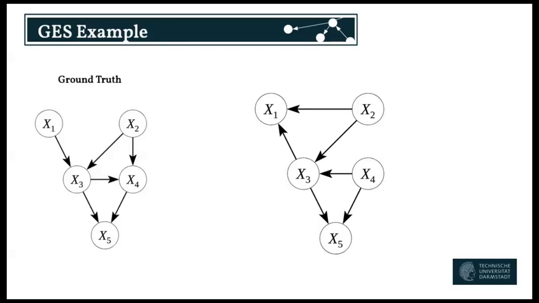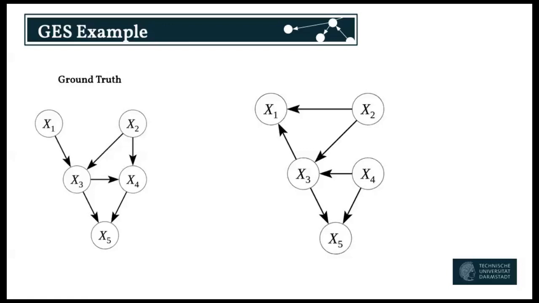then GES stops and starts a second phase, which basically does the same, just backwards. So it might remove edges again, or it will reverse covered edges. The reason why you have to do this is that in the forward phase, it might be that you find a graph which is over-parameterized in a sense.